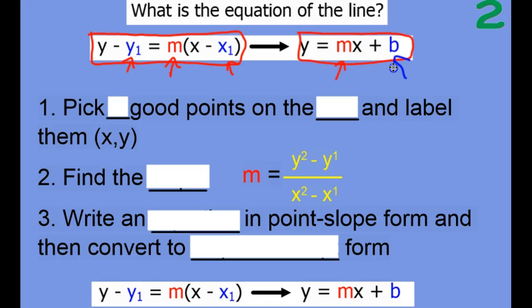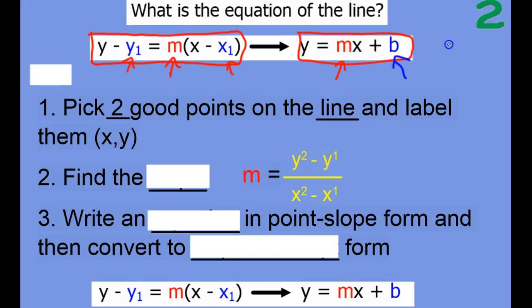So how we are going to do this is we are going to pick 2 good points on the line. When I say line, I mean the line of best fit, and label them x and y.